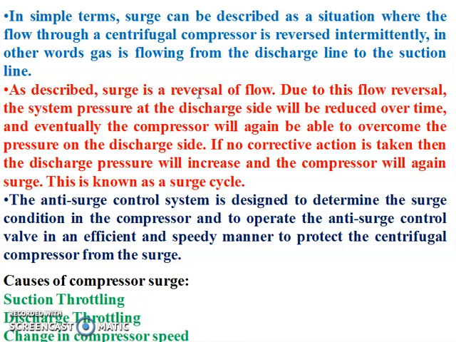Due to this flow reversal, the system pressure at the discharge side will be reduced over time, and eventually the compressor will again be able to overcome the pressure on the discharge side. If no corrective action is taken, then the discharge pressure will increase and the compressor will again surge. This is known as the surge cycle, meaning there is a repetition.